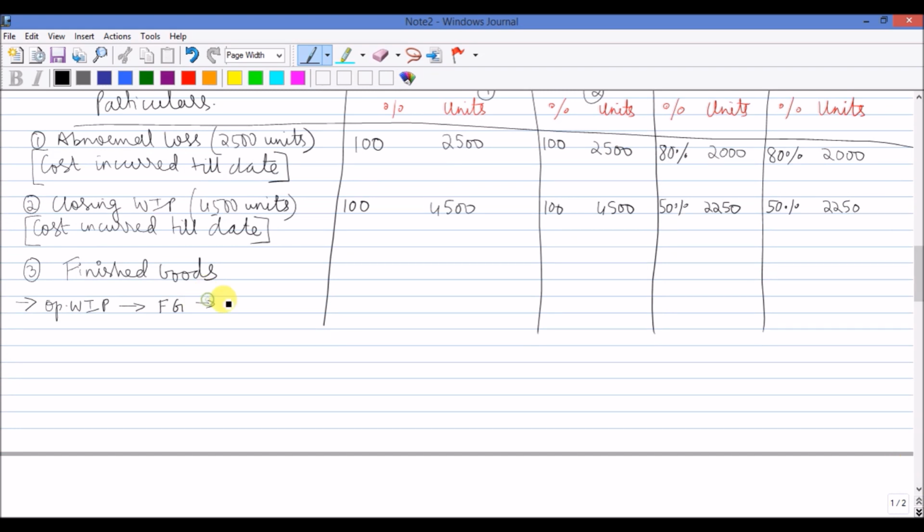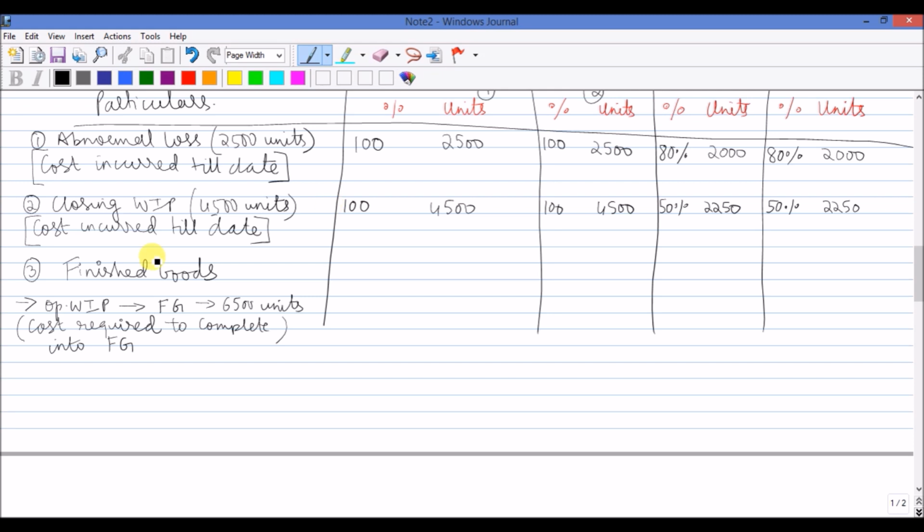So here we are having 6500 units, my friends. And here what you have to take is cost required to complete into finished goods.